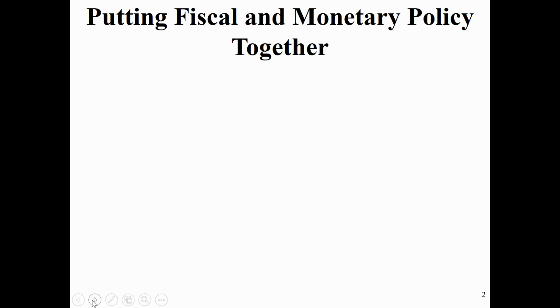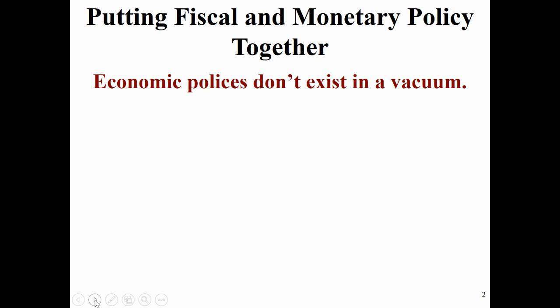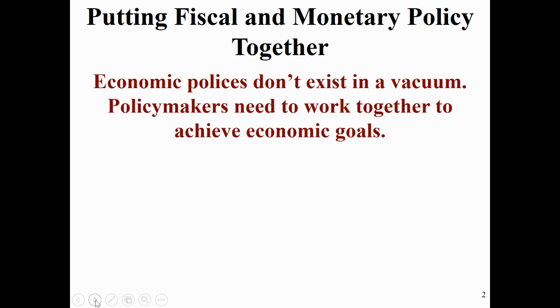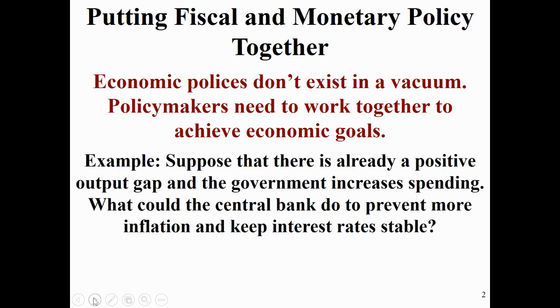So when we put the fiscal and monetary policies together, as we talked about a little bit, we have to think that the policymakers have to work together when we think of fiscal policies and we think of Congress and what they're doing with taxes and spending. But also, we have to think about the Federal Reserve, what they have to do. So, suppose there's already a positive output gap and the government increases spending.